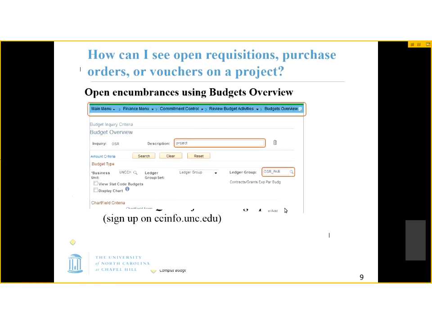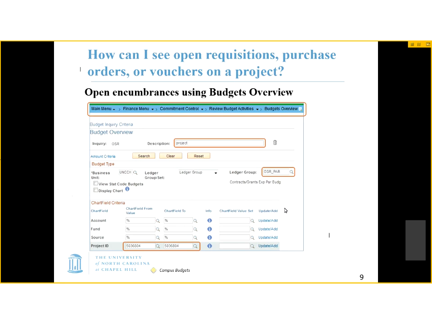All right. The next thing I want to draw your attention to that would be like an additional way to see if you've got open purchase orders. Again, the 3 queries that are going to be available very soon will show you open purchase orders. This is another way that's available now.